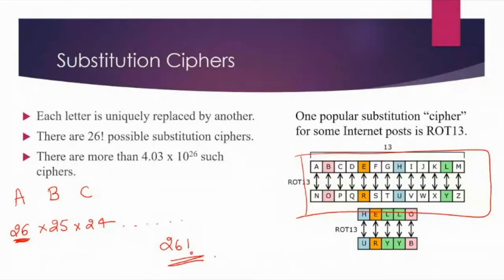So there are 26 factorial possible mappings in which substitution can be done in the English language. Specifically, we are talking about everything in capital letters. If we take small letters into consideration, you can calculate accordingly. So there are 26 factorial possible substitutions.